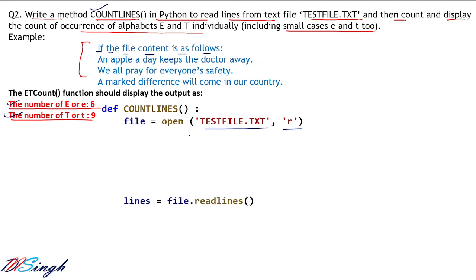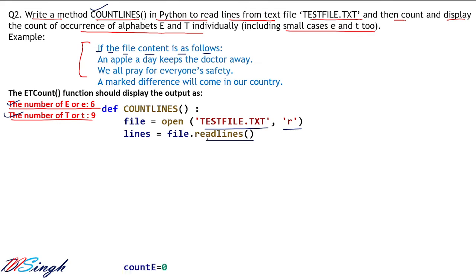So let us first read the content through readlines, or using read you can do the same thing. Here they have utilized readlines, no issue. Take two variables, count E and count T, so we will maintain the count of E in one variable and the count of T in the other.